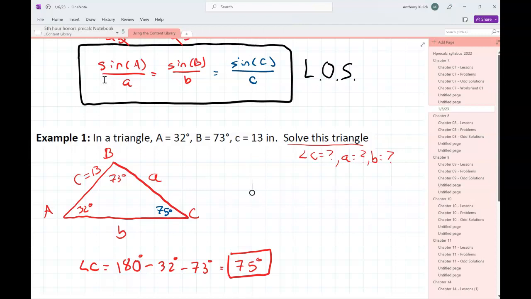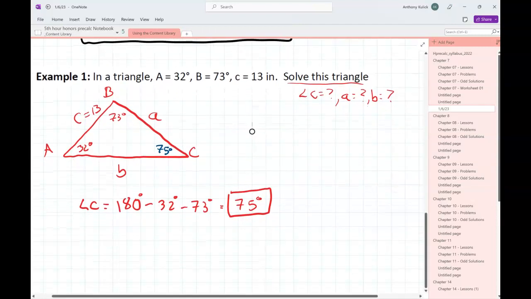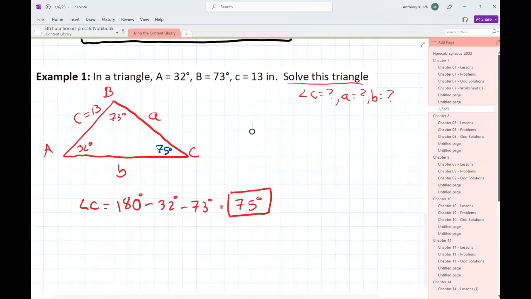Okay. Now that I know angle C and side C, I can use that to solve for either side A or side B. Does it matter the order in which I do that? Not here, no. Later, for some of the other things, the order will matter, but not with the law of sines in this particular case.